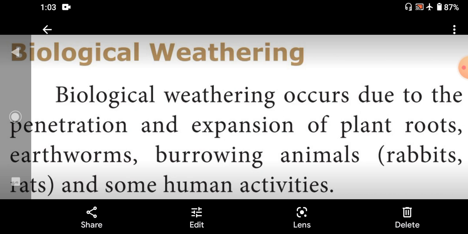Through these processes chemical weathering will take place. Then finally we learned about biological weathering. Biological weathering occurs due to the penetration and expansion of plant roots, earthworms, burrowing animals and some human activities. Okay students, these are all the things we learned about weathering.